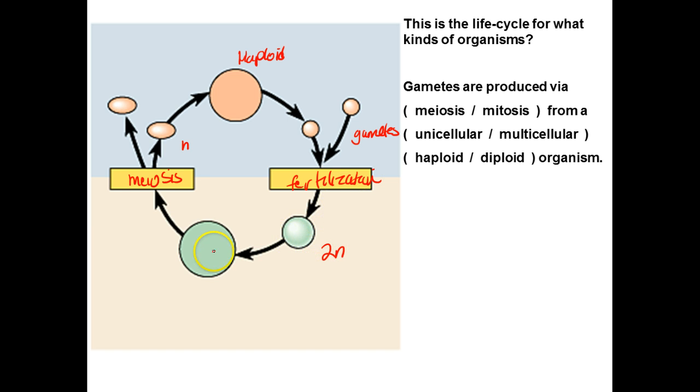And then part of its life cycle, majority of the time, it could be in haploid. I mean, in diploid or in haploid, so it alternates.